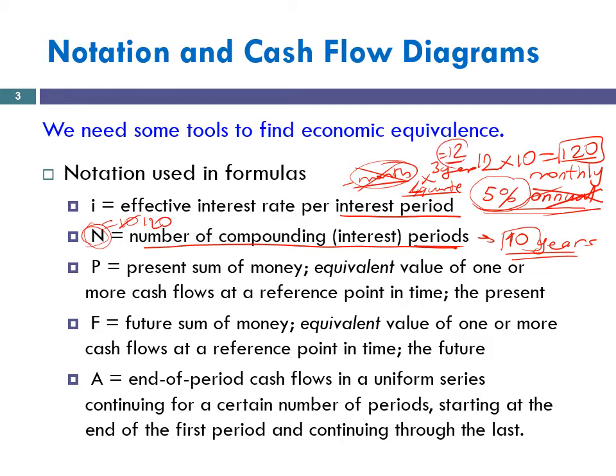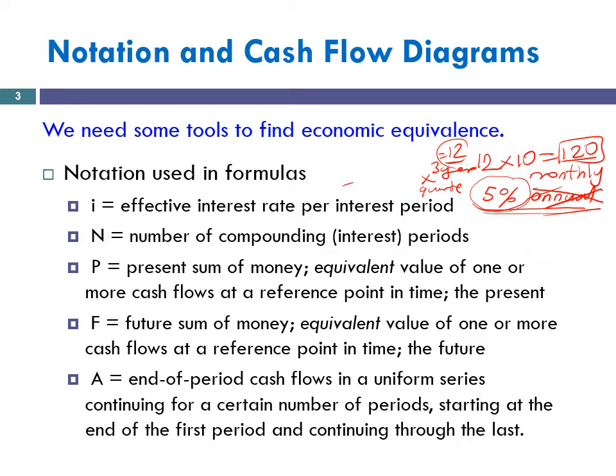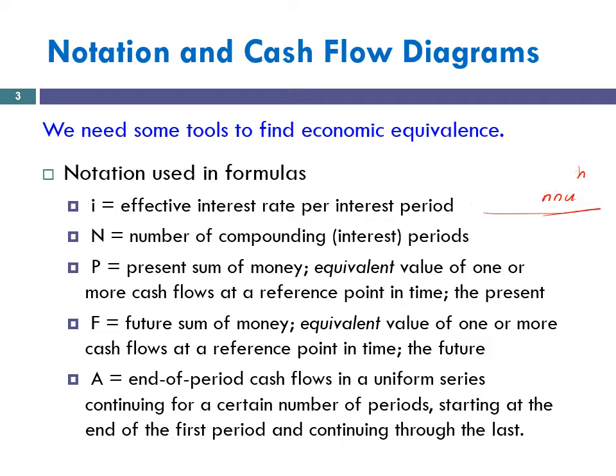In 3 years, we have 12 quarters. Okay, so depending on the interest period, we identify the total number of compounding periods or interest periods. So we can use these names interchangeably, the compounding periods and interest periods.